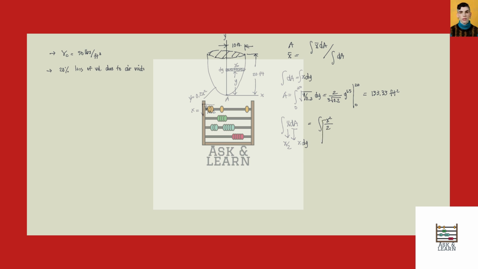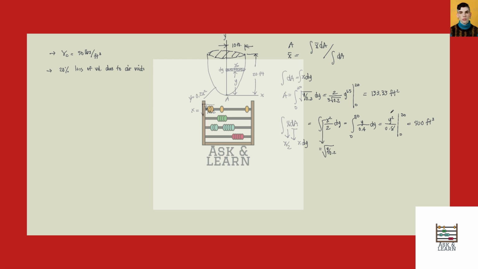Substituting the value of x as the square root of y all over 0.2, we would have the integral of y all over 0.4 dy from 0 to 20, which is y squared all over 0.8 from 0 to 20. Calculating this, we would then get 500 cubic feet.